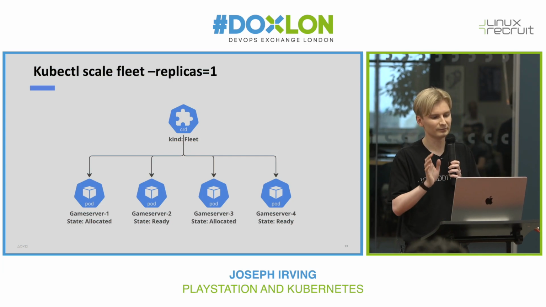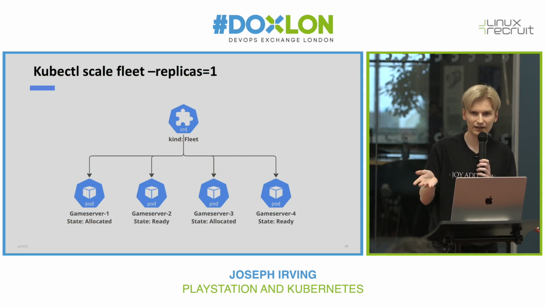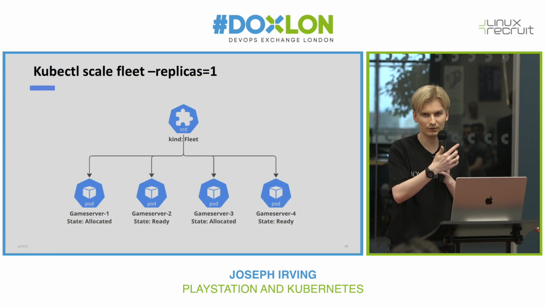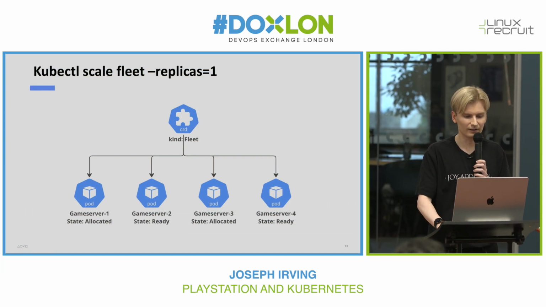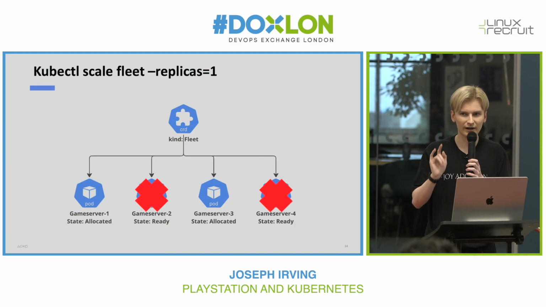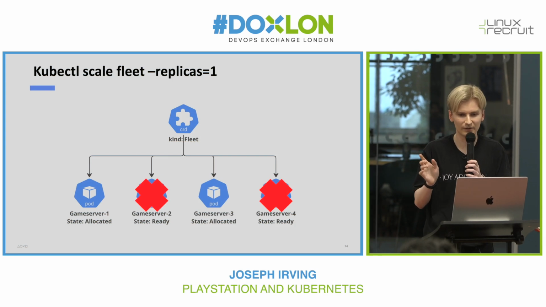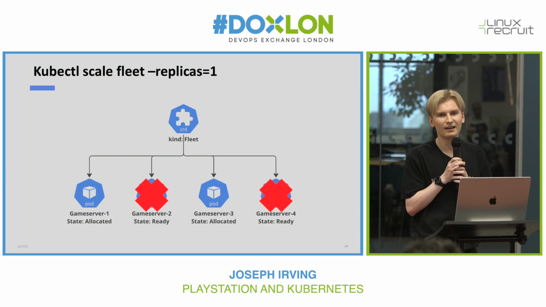So, for example, in this example, I've got 4 game servers. 2 of them are in an allocated state, so that means players could be playing on them, and 2 of them are just ready, and that means they're ready to be allocated at some point. If I were to do this command, scale replicas down to 1, it will terminate the 2 ready pods, because they weren't allocated, but the 2 allocated it will leave alone because there are people on them, so it does not want to terminate them.